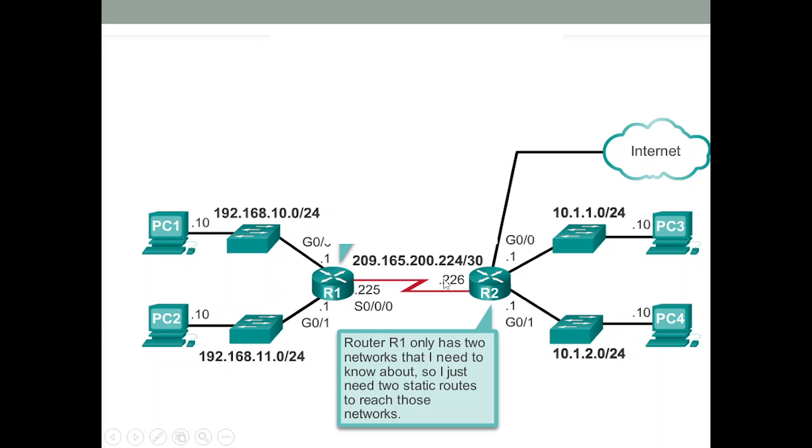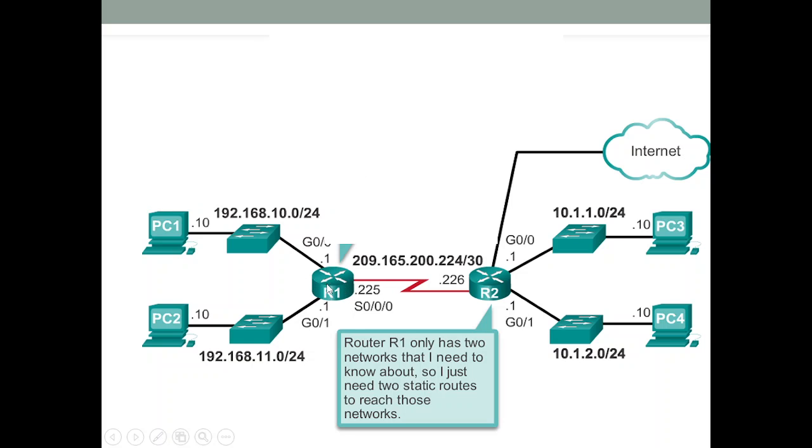As you can notice, I'm only counting cables connecting to the routers. This is 1, this is 2, this is 3, this is 4, and this is 5. So in this topology we have 5 networks.